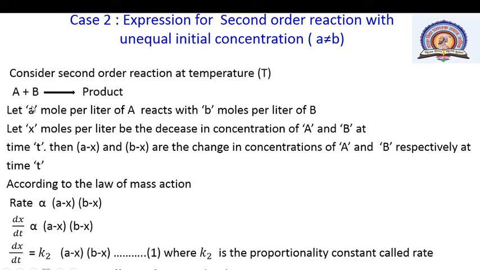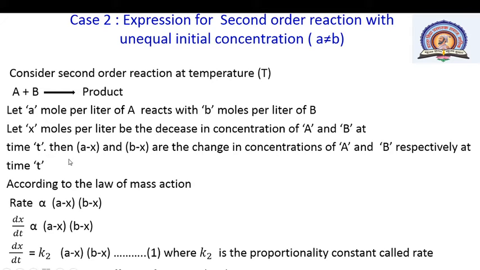Let small a moles per liter of A react with small b moles per liter of reactant B. Let x moles per liter be the decrease in concentration of reactant A and reactant B at time t.